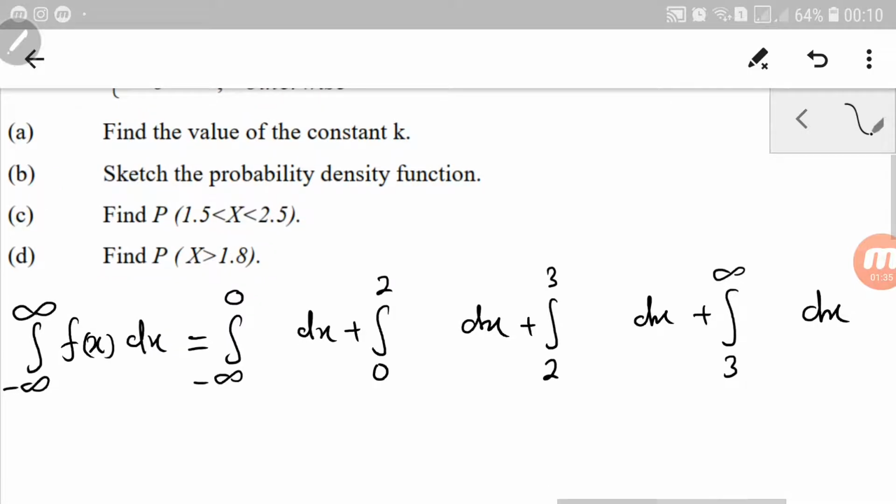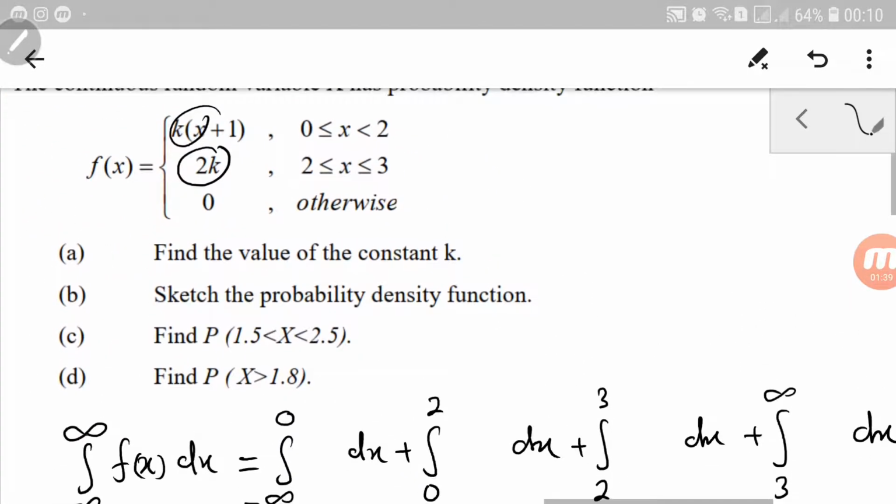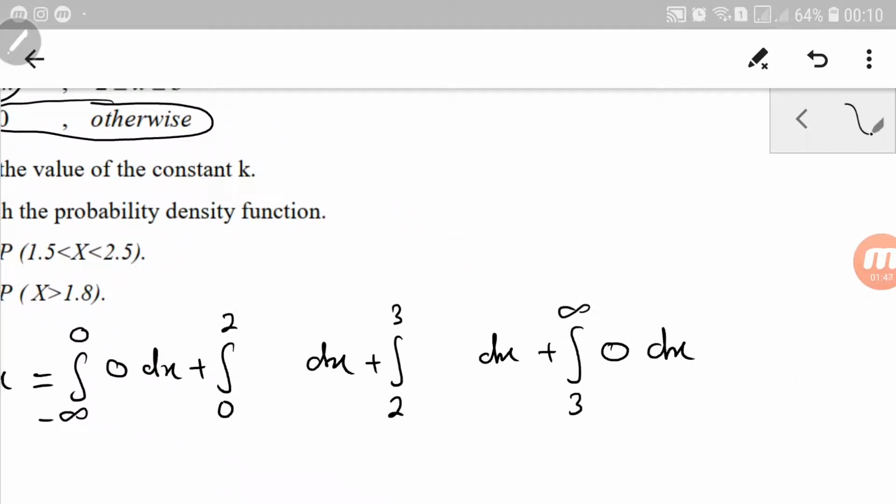Okay, so for the first integration, the function is 0 because it is 0 otherwise. So the first one and the last one are 0.